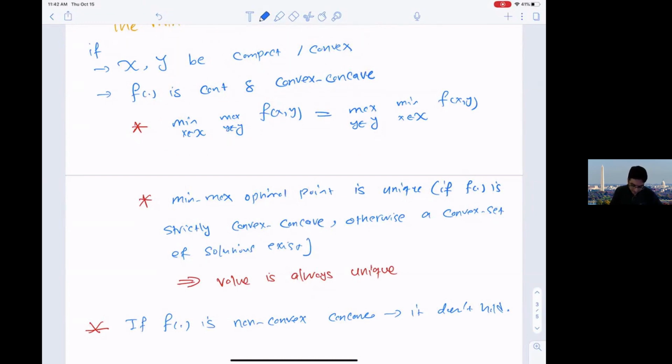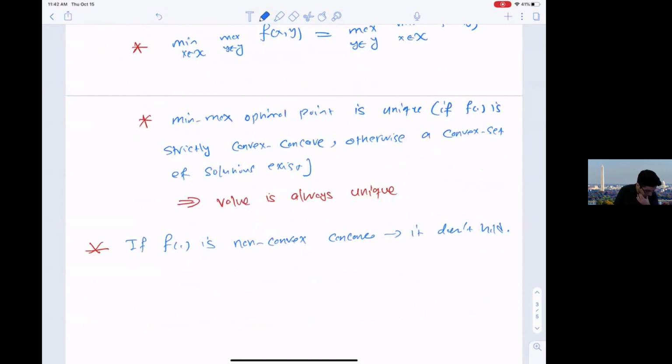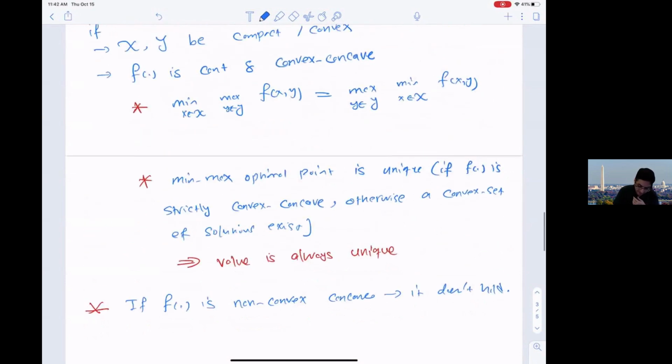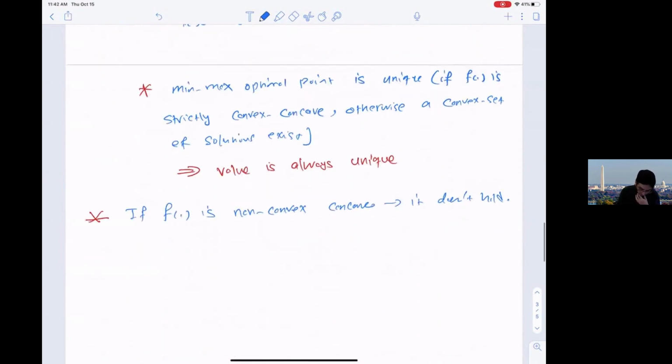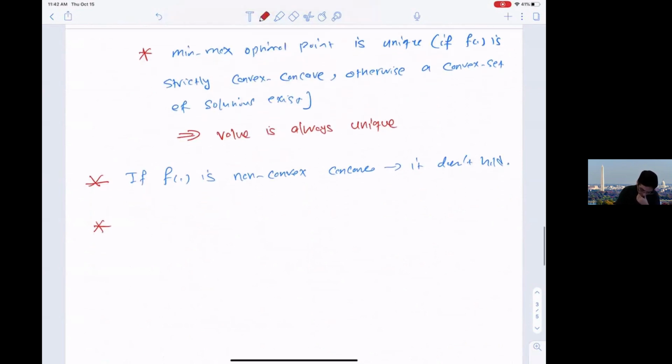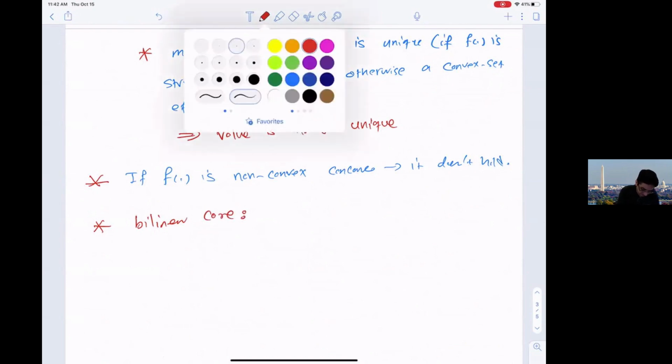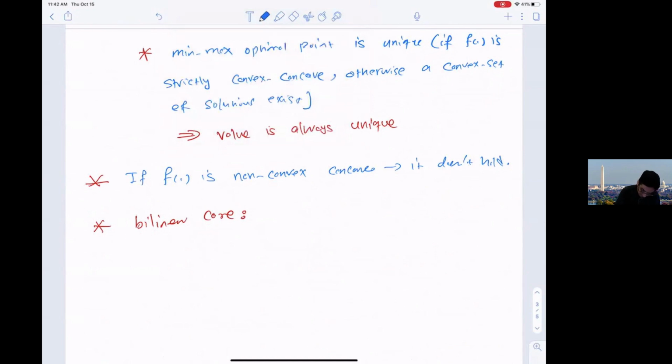So let's look at some additional results in this case. So this is a very classical result. You see it's 1928. So a lot of people studied the min-max problem, for example, for the bilinear case. The example that we started with, x times y, was perhaps the simplest bilinear case, but it was unconstrained.